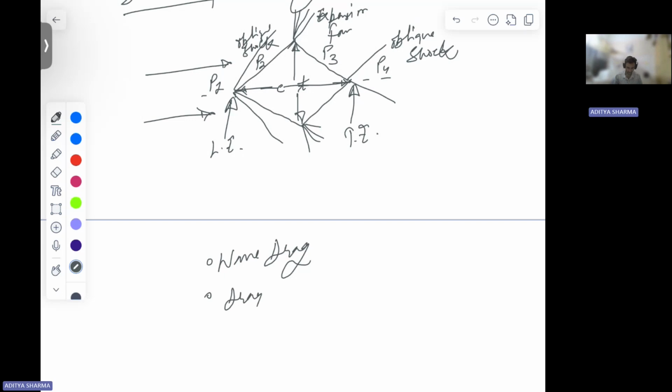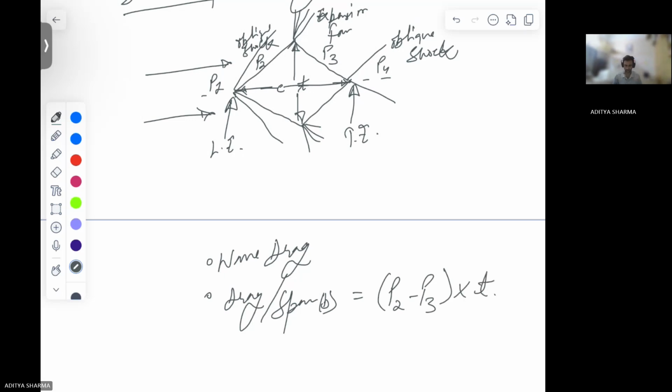Now, drag per unit span, span we denote by P. Okay, the expression for this basically is P2 minus P3 into thickness of your whole airfoil. Okay, diamond shaped airfoil.